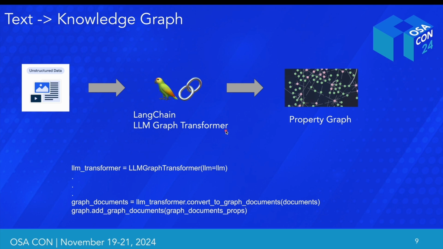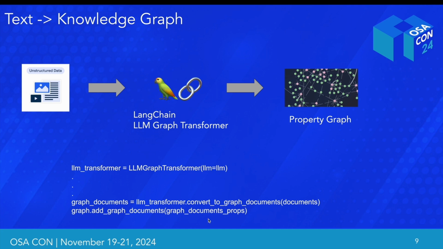In this example, LangChain uses an LLM graph transformer, and you could really use any modern LLM here, like GPT from OpenAI, like Claude Sonnet from Anthropic, like Llama from Meta. And then once LangChain uses this LLM graph transformer to auto-extract the graph, and the graph is created, you can store this converted graph in a graph database like Neo4j as a knowledge graph.